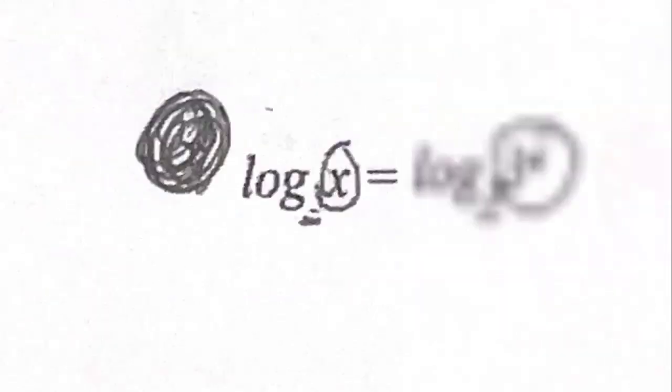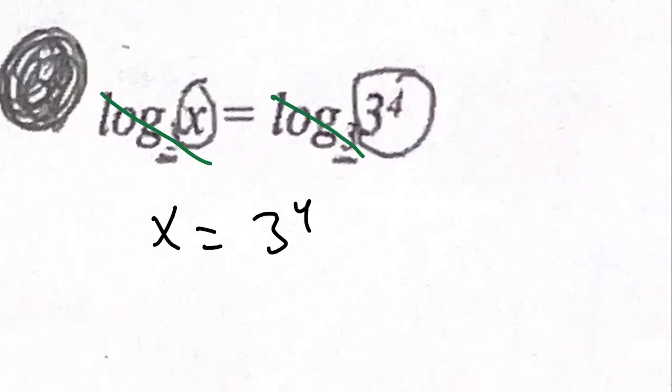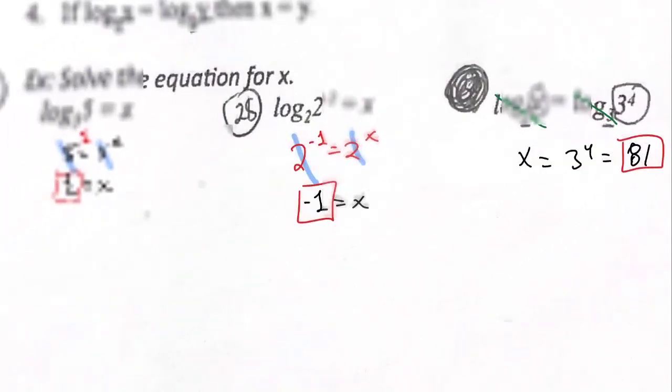Just remember the old rules. So log base 3 of x equals log base 3 of 3 to the power 4. They both have the same logarithm base. They can cancel. x is equal to 3 to the power 4, which in this case is 81. And that would be your answer. So knowing all the previous rules.